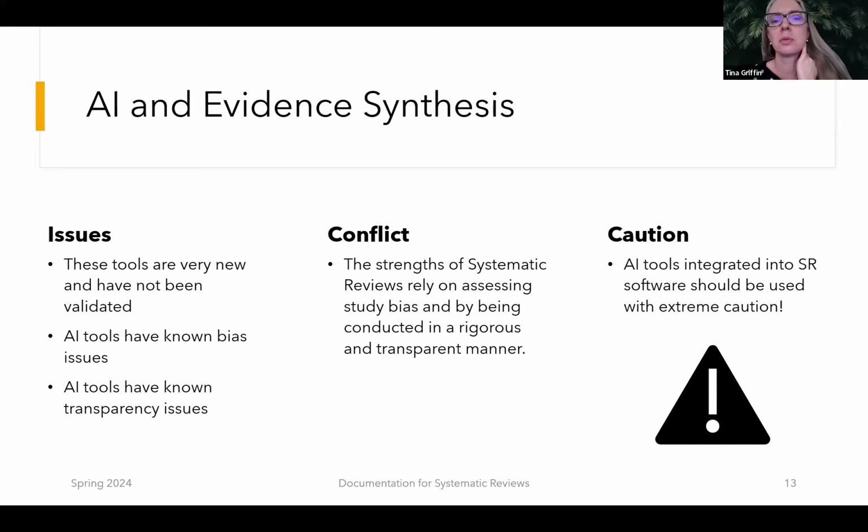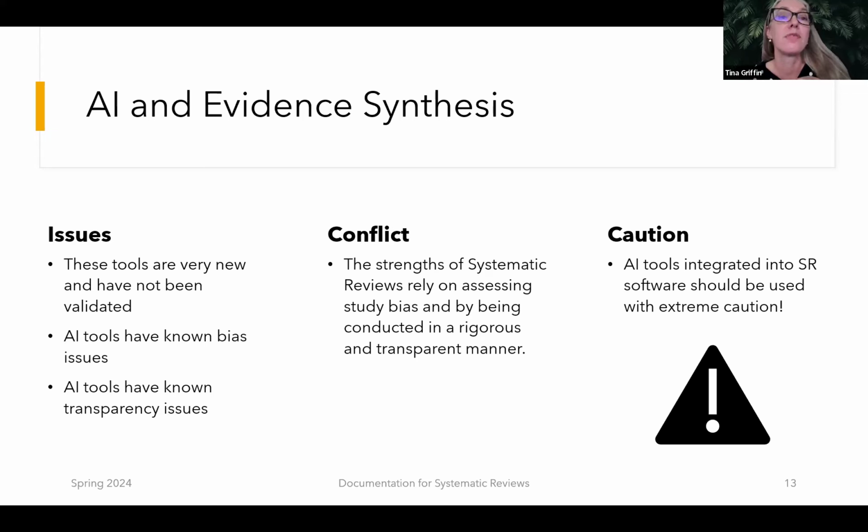So regarding systematic reviews, they rely on being transparent and rigorous and open. And because of the nature of the way systematic reviews are conducted, they are actively trying to expose publication and methodology bias.